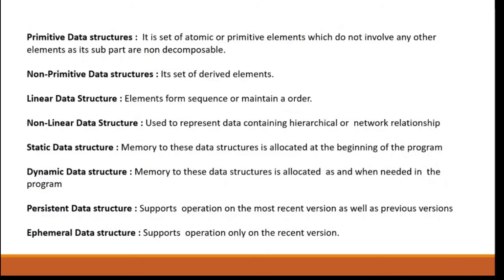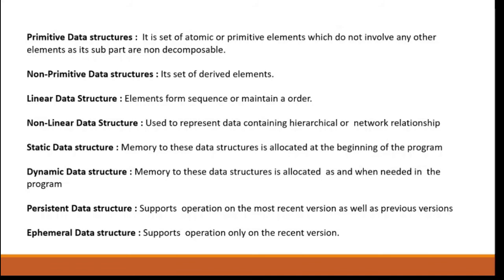A primitive data structure is a set of atomic or primitive elements which do not involve any other elements as its subparts. For example, the data structure defined for basic built-in data types like integer, float, character, etc. Non-primitive data structure is a set of derived elements such as arrays, files, linked lists, etc. Array data structure of C consists of a set of similar type of elements.